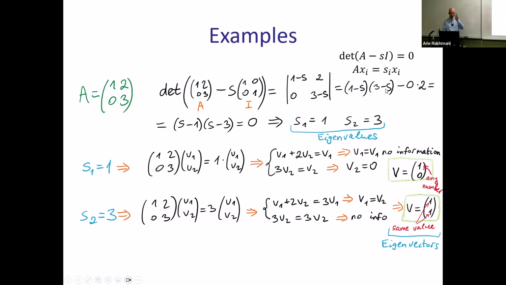You can flip both of them to write it in a more convenient way. So you'll get (s minus 1) times (s minus 3) equals 0. And the roots are obvious here: s equals 1 and s equals 3. Right? This is factorization of a regular second order polynomial, you get two eigenvalues, and we predicted that they would be just these values. Right? Questions about eigenvalues?